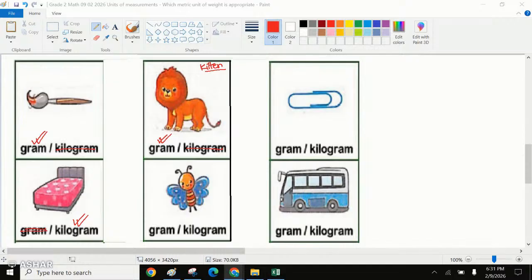A butterfly has to be very lightweight. What about a paperclip? What about paperclip? No, Semi. A paperclip has to be in grams. Yes, thank you. Thank you, Valerie. Thank you, May. Thank you, Precious.